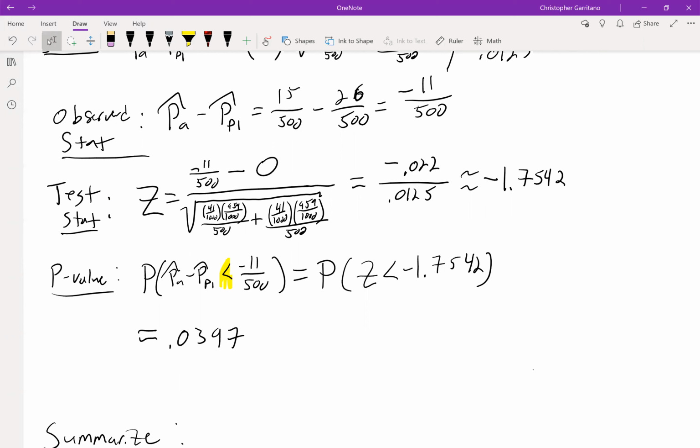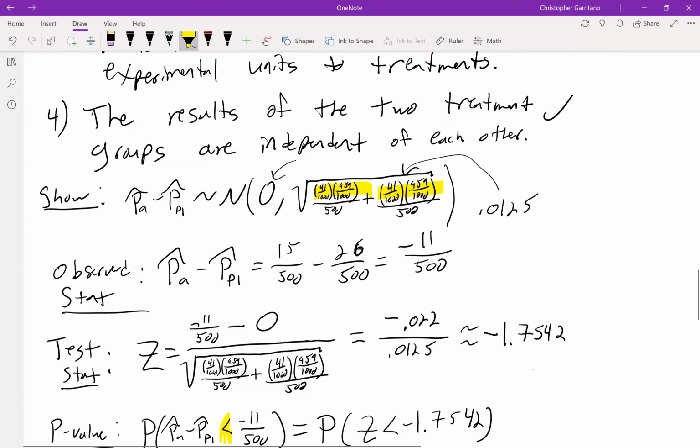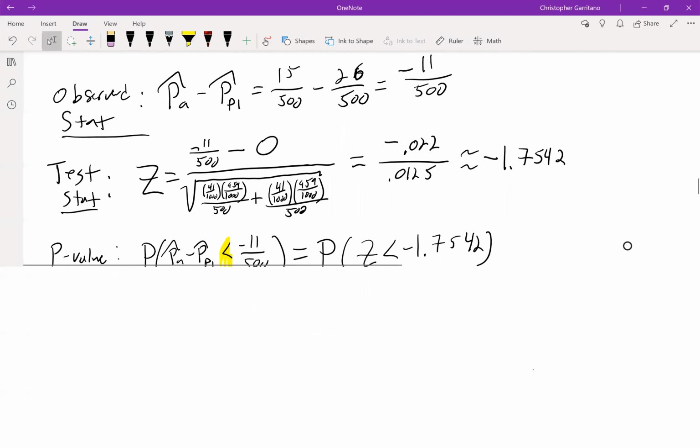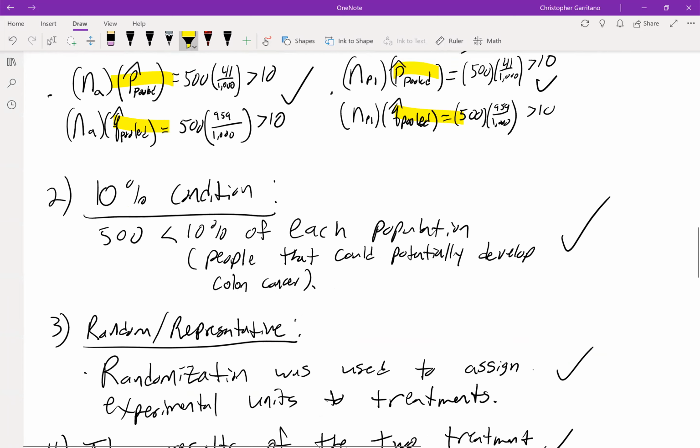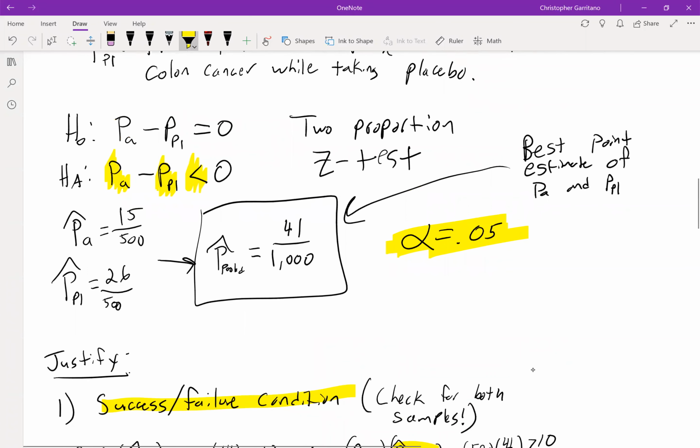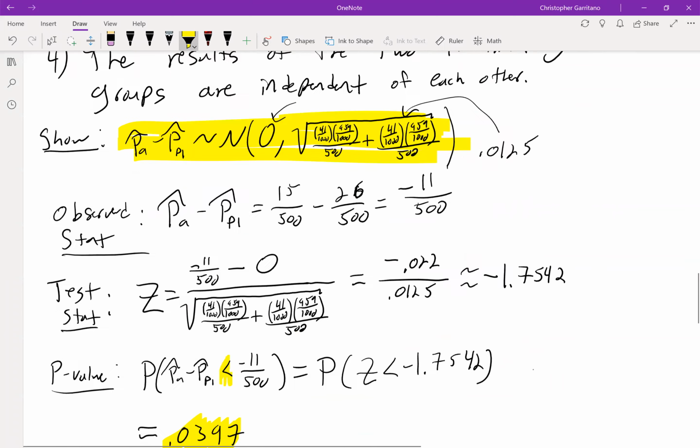It turns out that this probability is 0.0397, right? And of course, remember, this probability is based off of this sampling distribution, and that sampling distribution is based off of this assumption, right? So this probability completely follows from our null hypothesis.